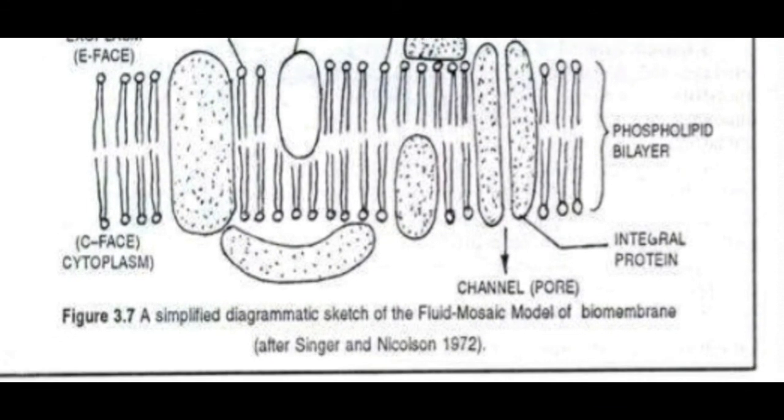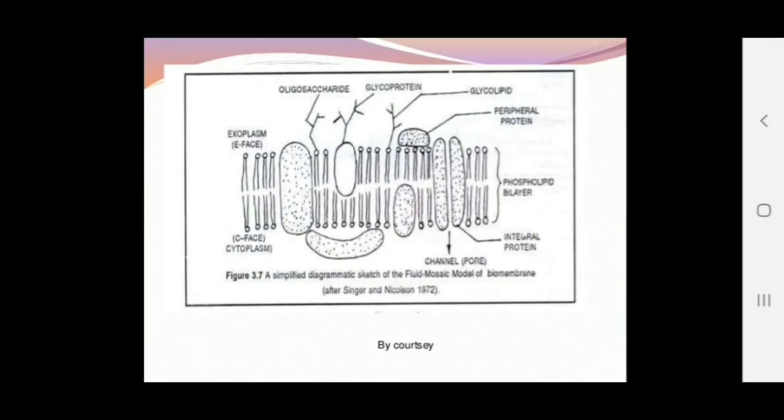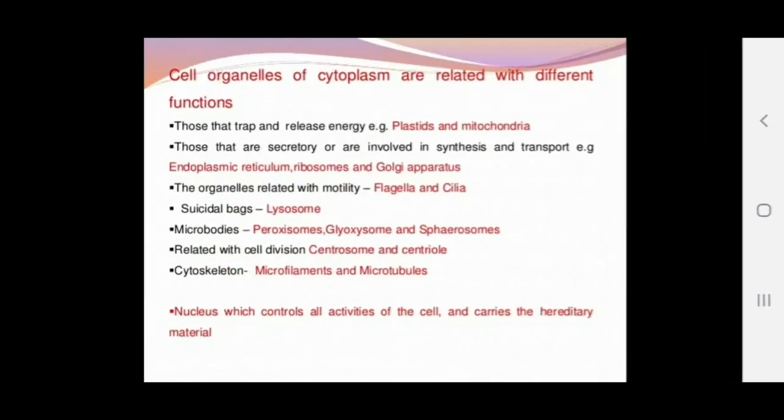The intrinsic proteins form the channels and allow the entry and exit of certain substances inside as well as outside of the cell. This is all about the fluid mosaic model proposed by Singer and Nicholson in 1972.